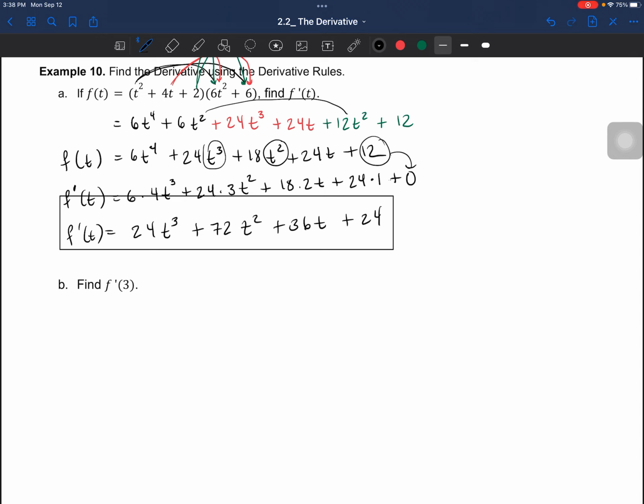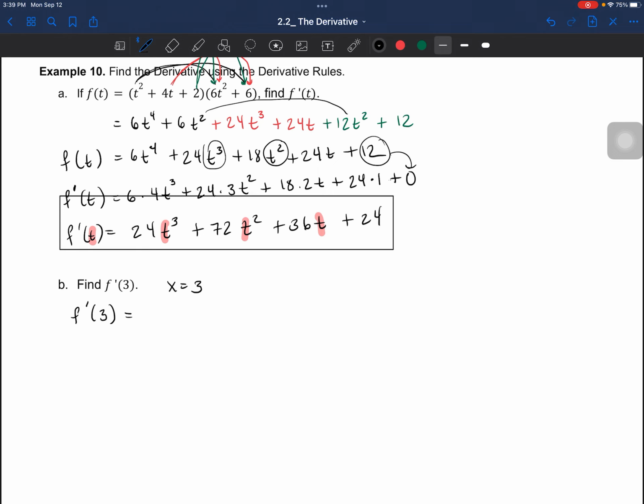Now let's go ahead and find the derivative at 3. So that means that we're finding the derivative when t equals 3. So pretty much all we have to do is use direct substitution, replacing every single t with 3. Let's go ahead and do that.